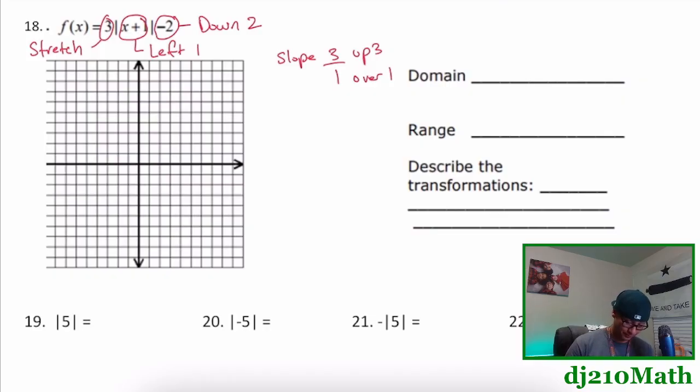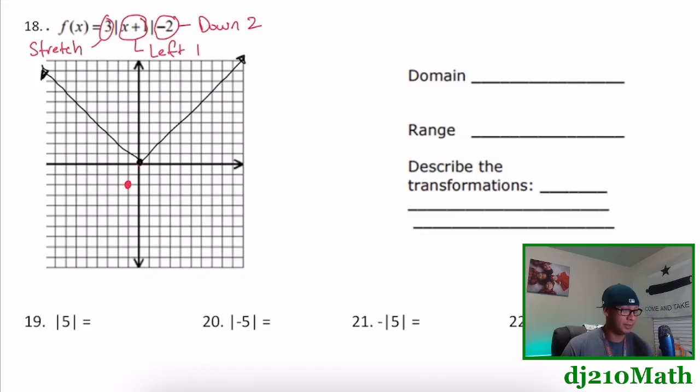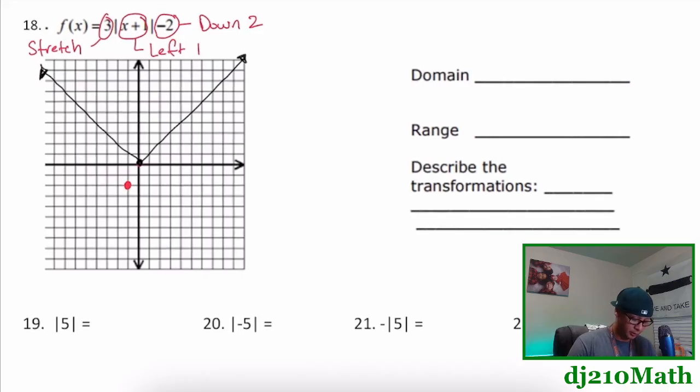Check it out. If you treat the stretch like a slope, it comes out correct. So here's the original parent function, and then we're going to go down 2 and left 1. So here's the new vertex. From the new vertex, we're going to go up 3 and over 1, in both directions.